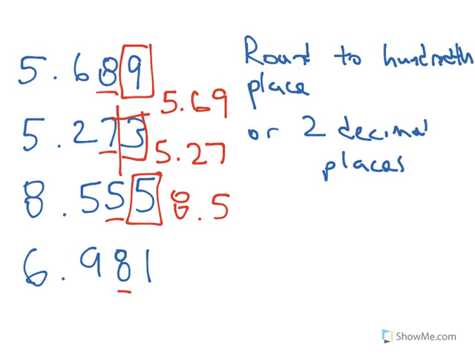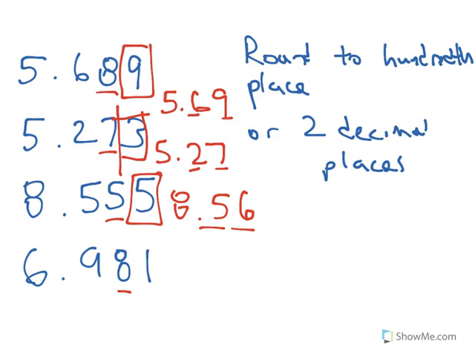Remember the rule before, if it's 5 or greater, you round up. So this is going to be 8.56. And that's just the end of it. You've rounded it now to 2 decimal places.